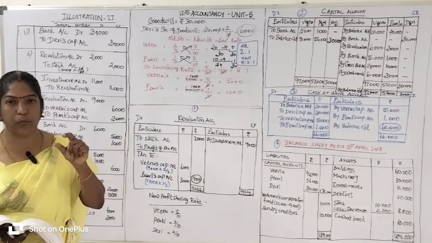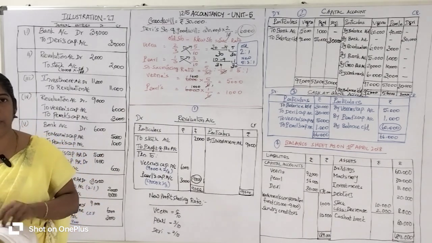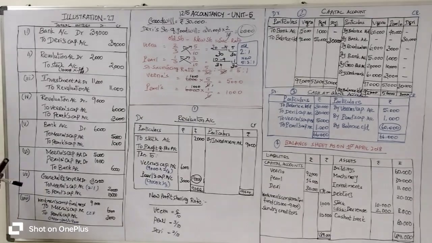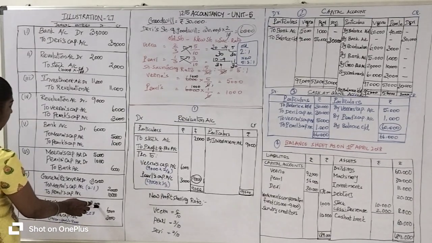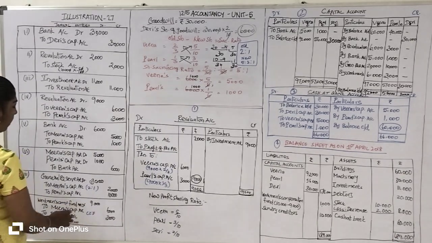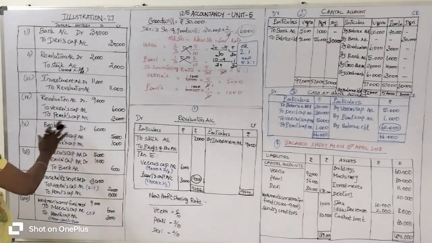Only that 9,000 rupees we have to transfer to the old partners' capital accounts in their old profit sharing ratio. So what is the journal entry? Workmen's Compensation Fund account debit 9,000 rupees to Meena's capital account 6,000 and Pearl's capital account 3,000 rupees. We calculated with their old profit sharing ratio accordingly. Okay, so we passed the journal entry.